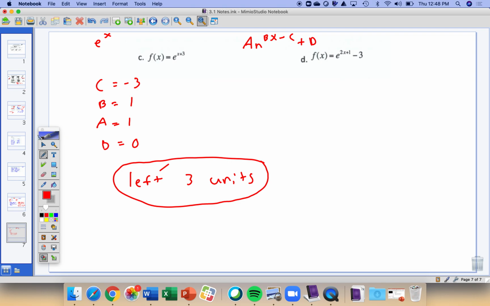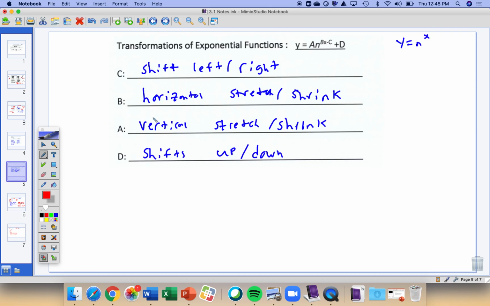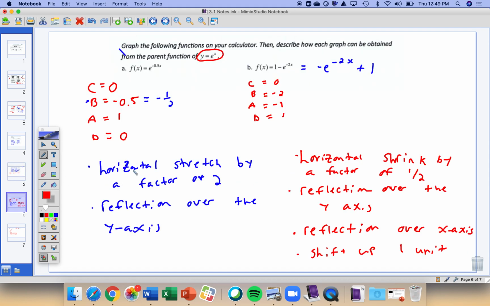So let's go back to these notes. Okay, so we have C, B, A, D. Now that we learned a little bit about C, B, A, and D, let's go back and talk about B. For B, if the absolute value of B is less than 1, then we get a horizontal stretch, which is what we saw in this example right here, where B was 1/2.